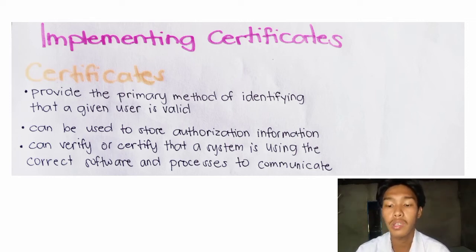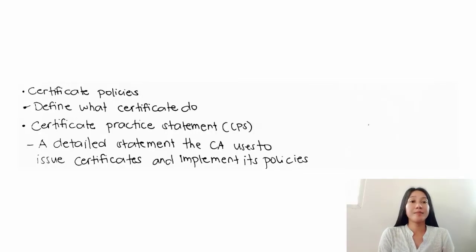Slide 17. Implementing certificates: they provide the primary method of identifying that a given user is valid, can be used to store authorization information, and can verify or certify that a system is using the correct software and process to communicate. Certificate policies define what certificates do. Certificate Practice Statement or CPS, a detailed statement the CA uses to issue certificates and implement its policies.